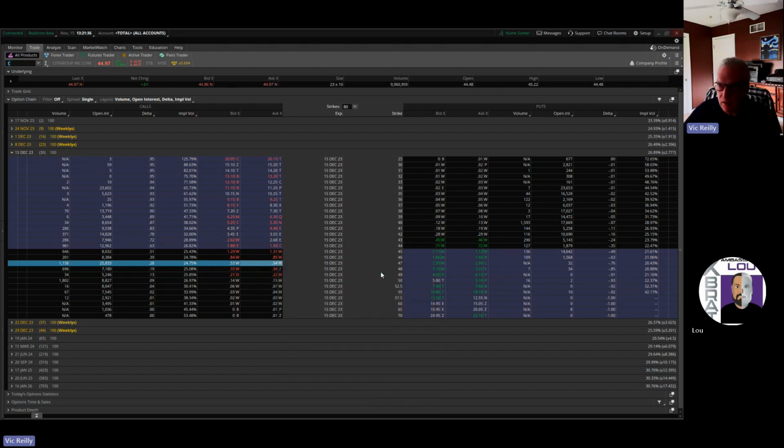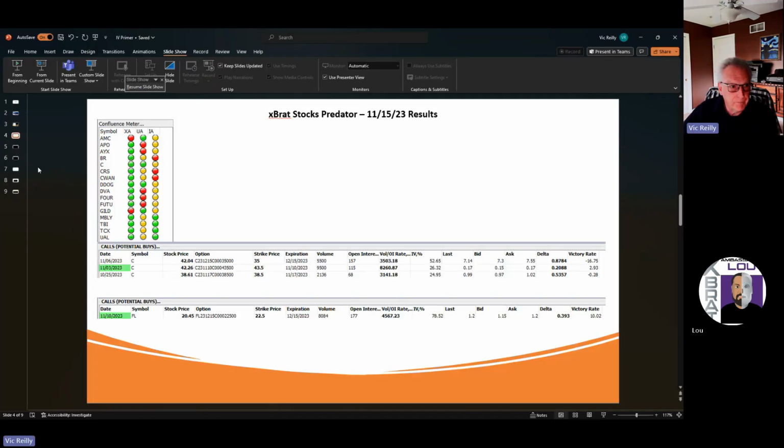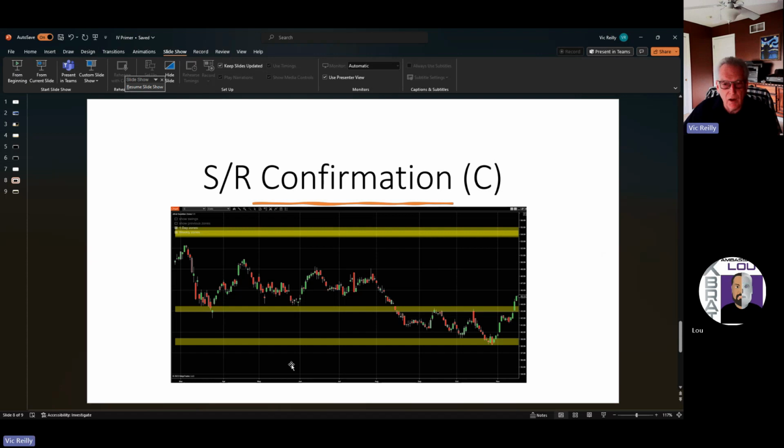So I'm going to flip back over to the slide here, and this is the daily chart of C, the stock we're looking at, with both the daily and the weekly support and resistance zones.